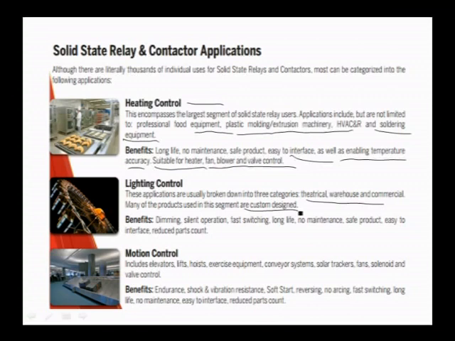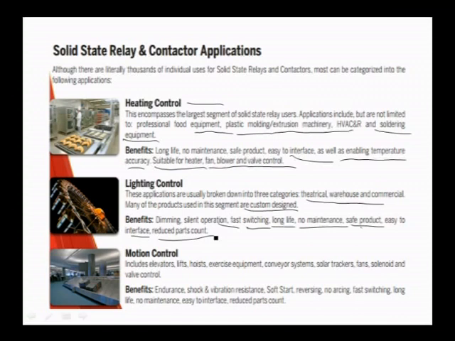Benefits here are dimming, silent light operation, fast switching of lights, long life, no maintenance, easy to interface, and reduced parts count. The number of parts will be less if you go for a solid state relay.